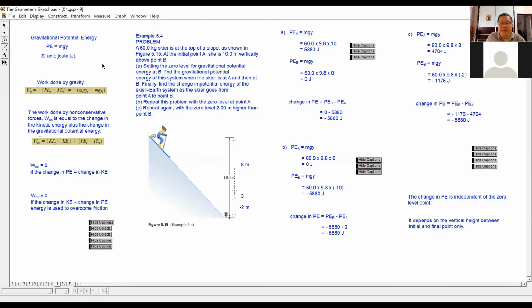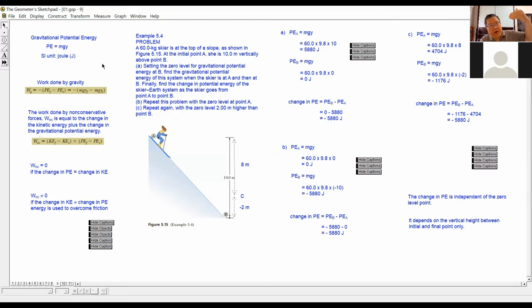Now, the difference between negative work done and positive work done: as you climb up a slope, or as you climb up a flight of steps, you are actually putting in energy, so it is positive work done.